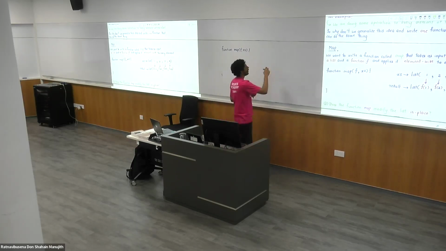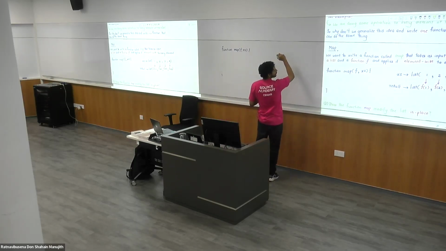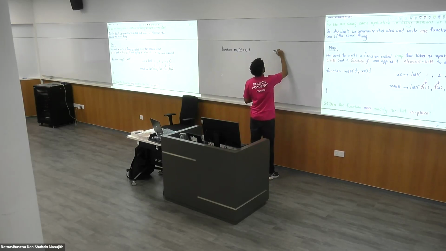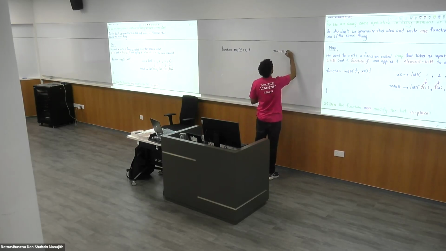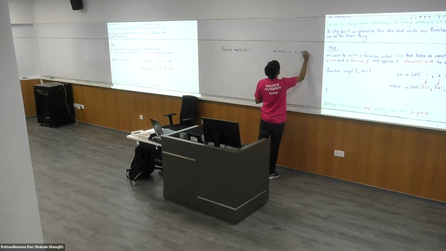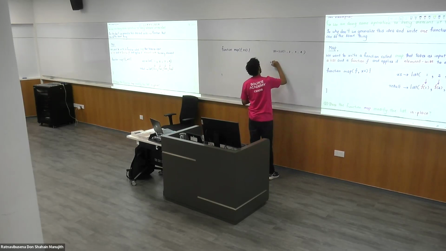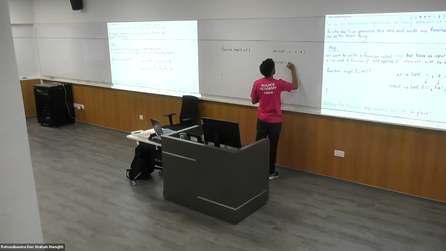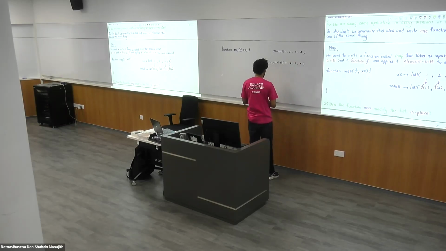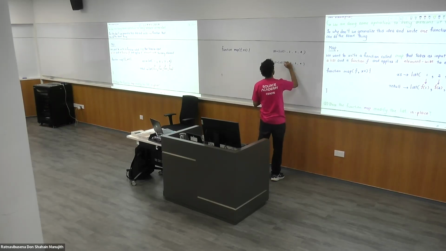So we have xs as list 1 2 3 4. Okay, so our result should be list: we have f of 1, f of 2, f of 3, f of 4. So I need to put an f in front, right? That's all.